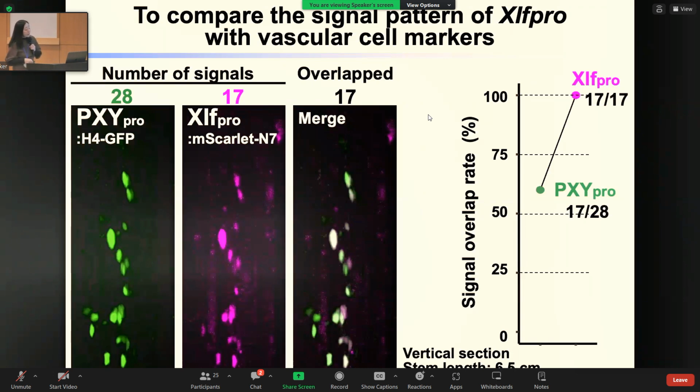The graph on the right shows the rate of signals that overlap each other. In the case of the PXY promoter, about 60% of nuclei overlapped with the 11F nuclei. And in the case of the 11F promoter, 100% of nuclei overlapped with the PXY signal.